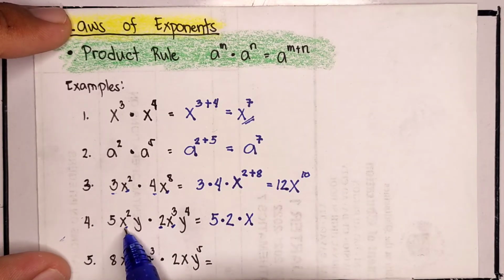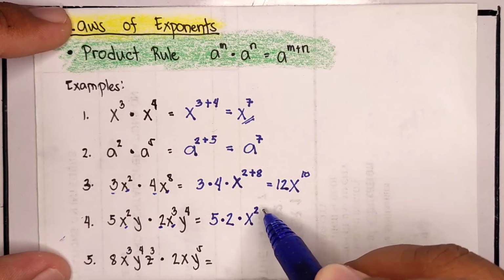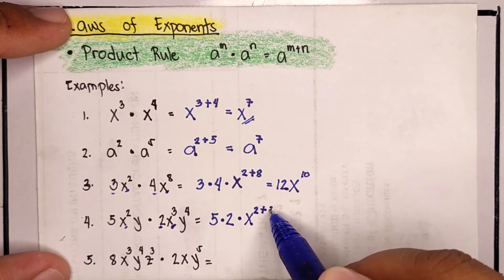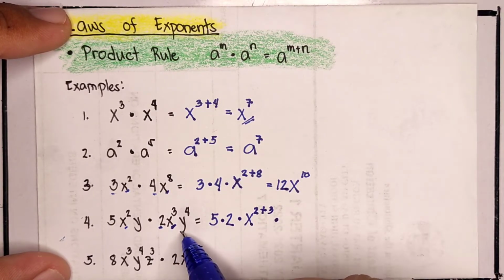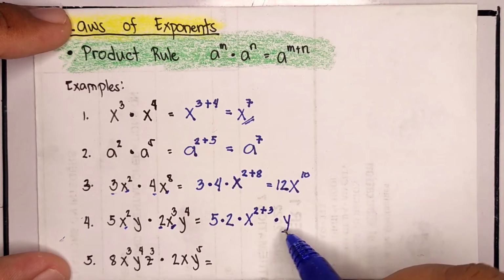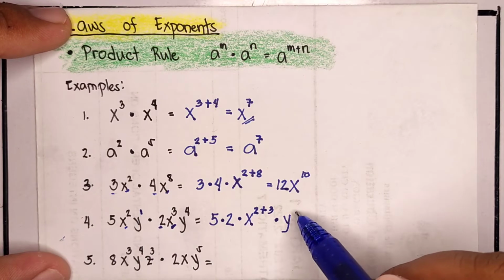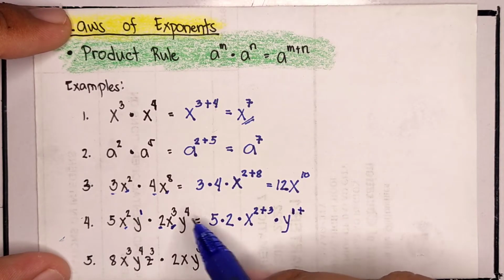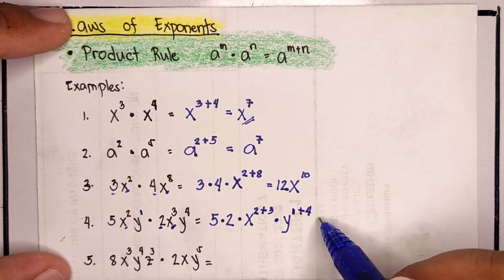Then, the first literal coefficient x, the exponent is 2, plus this x, the exponent is 3, times our y. The first exponent here is 1, plus the exponent here is 4.